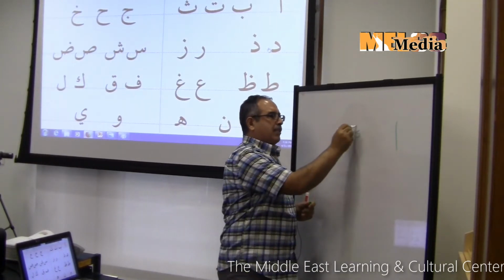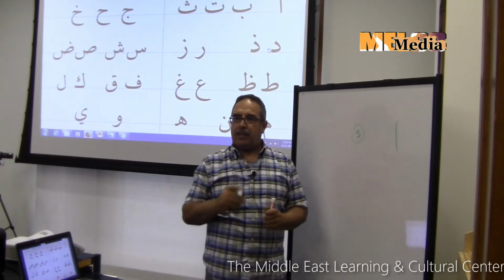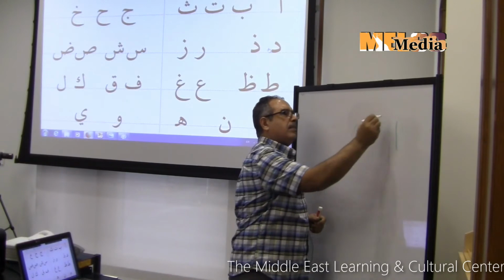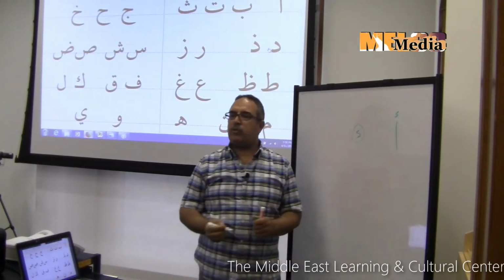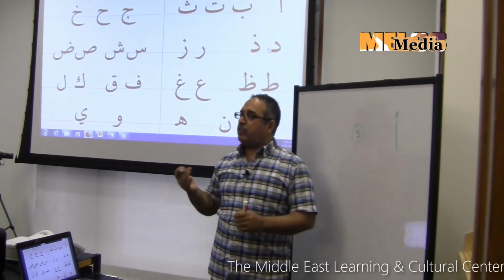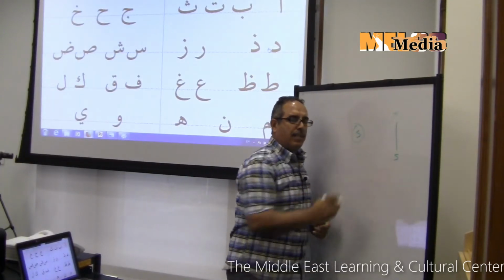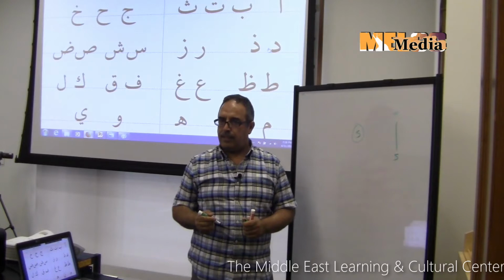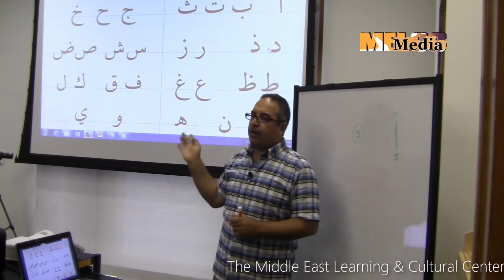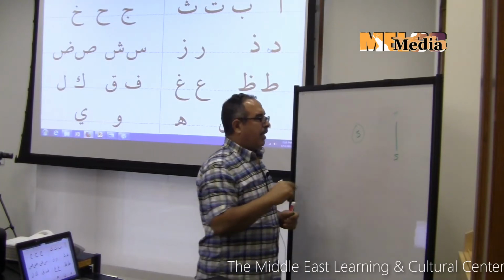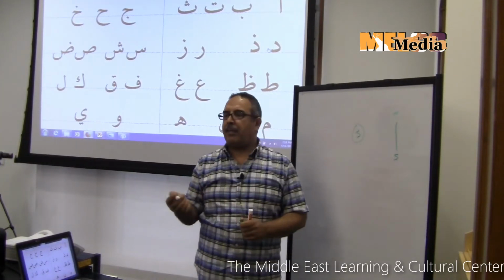Anywhere you see hamza by itself or on any other letter. For example, here you can see hamza on top of the alif. In certain cases, you will see hamza at the bottom, not at the top. We have more letters in the second half that hamza may be on.